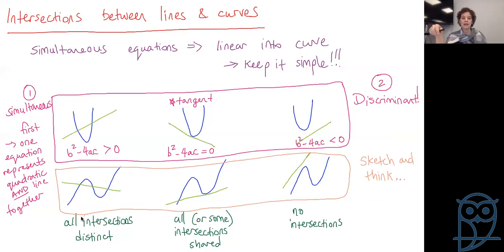Or you could rearrange your linear and put it into your curve, depending on what you've got. Generally, you'll find it's y equals linear, y equals curve, then you just say linear equals curve, and you are happy with everything. Okay, so we have another one, all good.